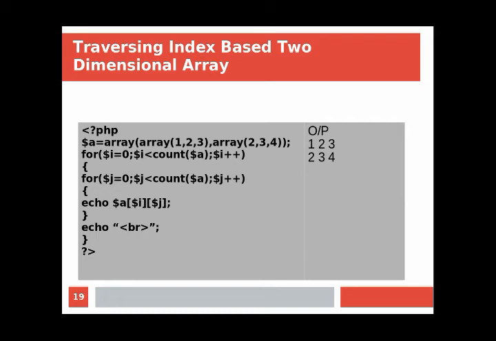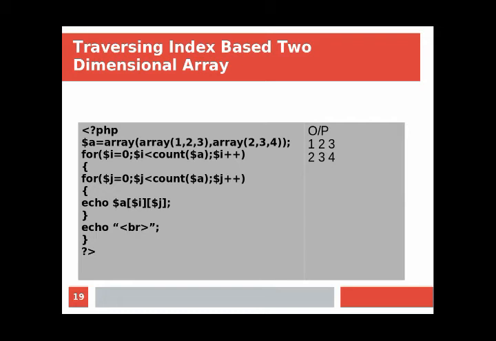So here our for loop: $I equal to 0, that is initialization, $I less than count of $A, that is the array, then $I plus plus. So according to the syntax: initialization, condition and updation, that means increment. And in that for loop we have taken another for loop, for $j equal to 0.